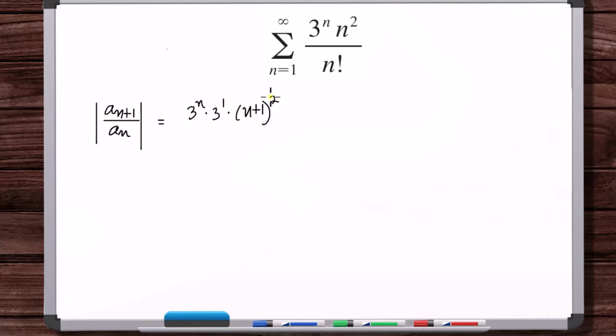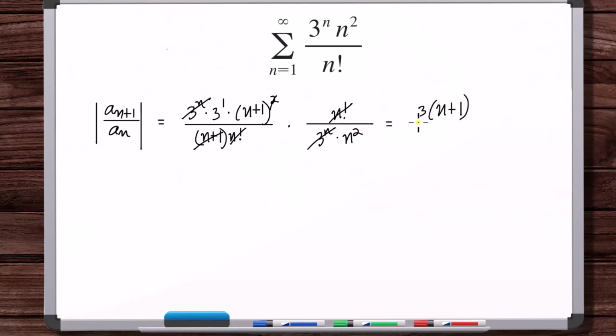N plus 1 squared. Now n plus 1 factorial, let's write that as n plus 1 times n factorial, because that's going to cancel with this n factorial. And then 3 to the n times n squared. So we've got 3 times n plus 1 over n squared.